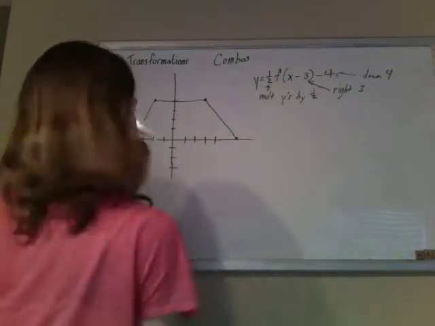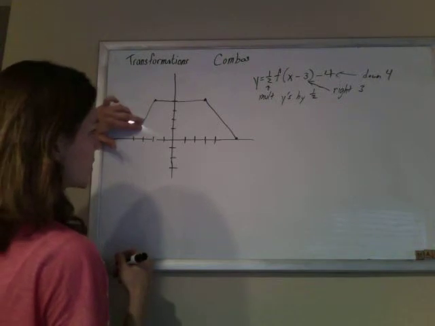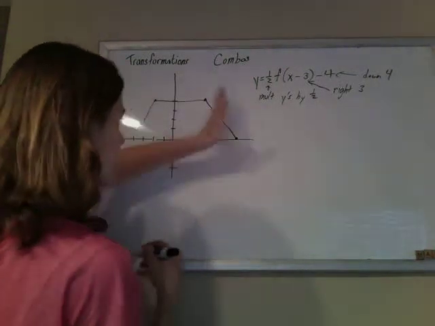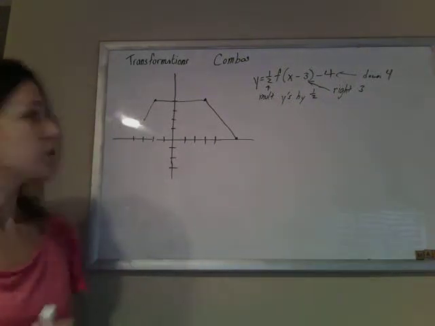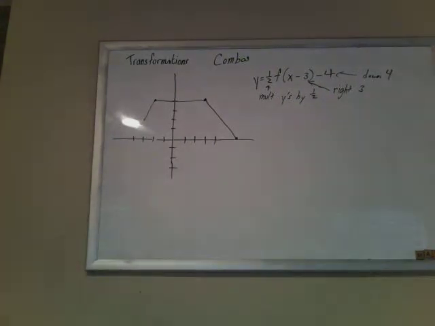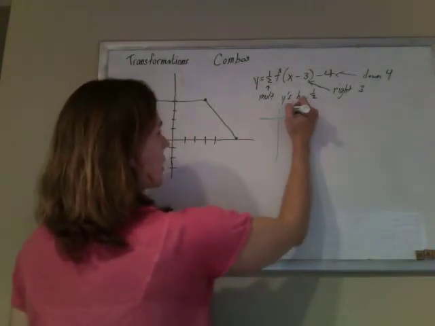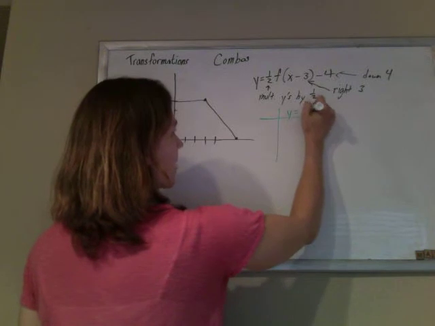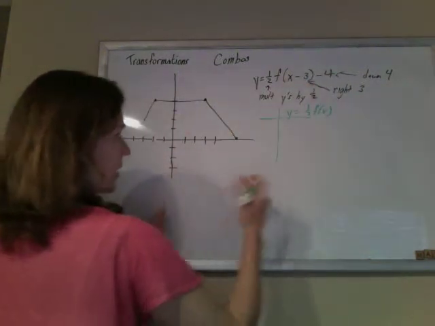We're going to multiply all the y values by a half. You can do this with a table, or you can do this just by sight. I'll do it with a table to kind of help you out so you can see both. So I'm just going to do y is a half of f of x first before I do any moving right and left, up and down.